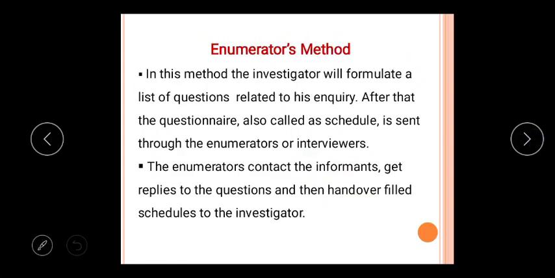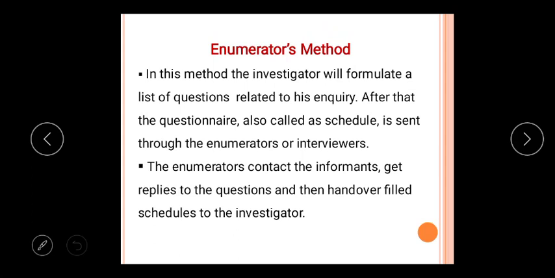Now, dear students, coming to another important way of collecting primary data on the basis of questionnaire, that is the enumerators method. Dear students, in the enumerators method of collecting primary data, the investigator will formulate a list of questions related to his inquiry.